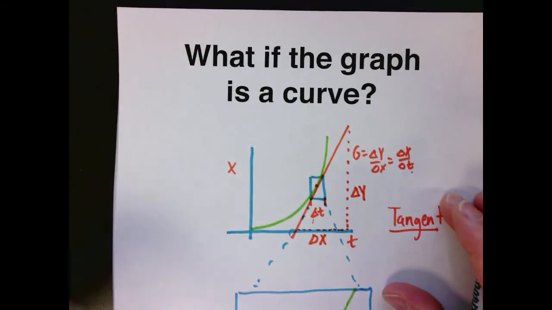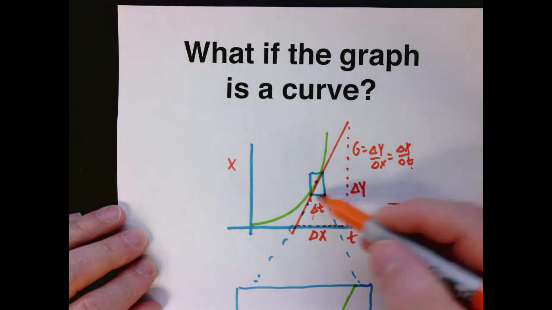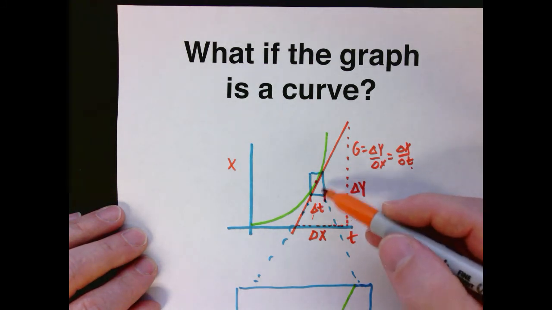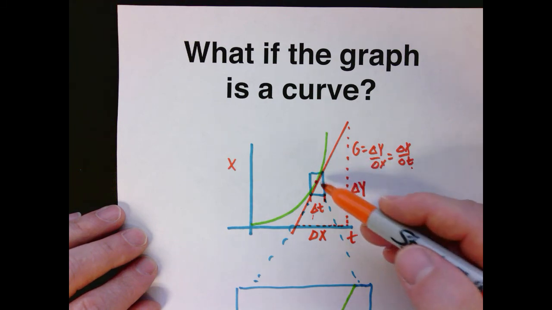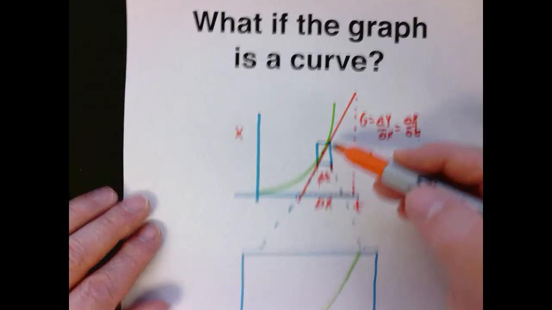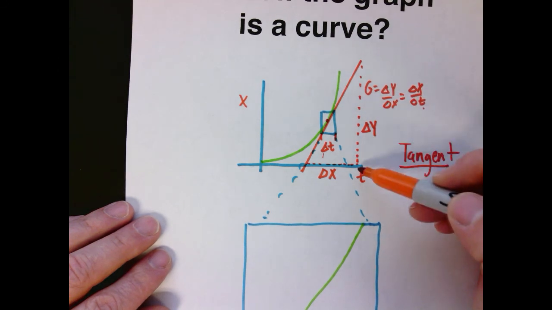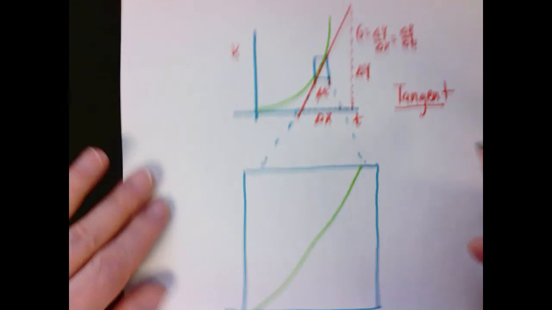So the answer to what do we do when the graph is actually a curve is we try to envision over small delta t's that we will get an accurate value when we get the gradient. How do we get that gradient? We do our best to draw a tangent at that point, and once we have drawn that tangent, we then can get delta y, delta x values from that line that is drawn.